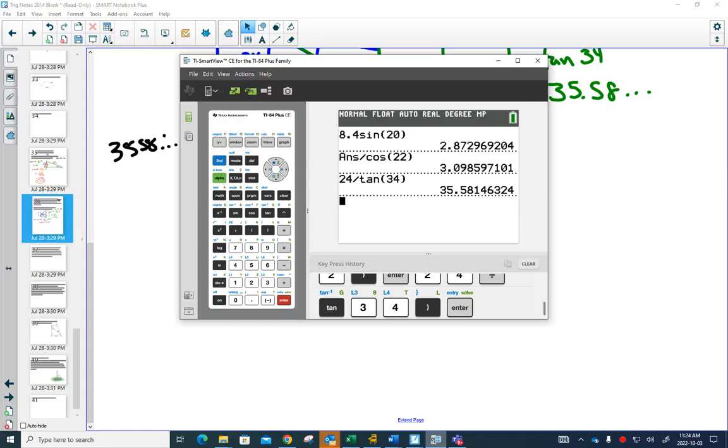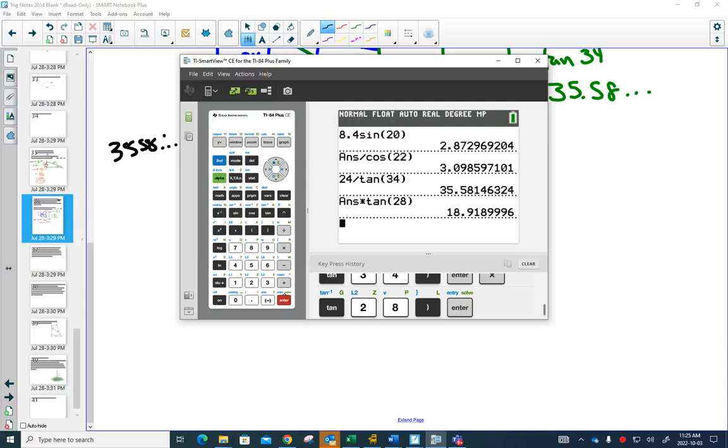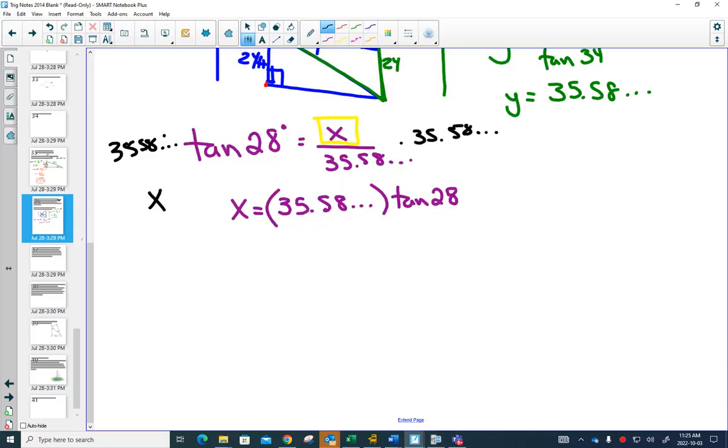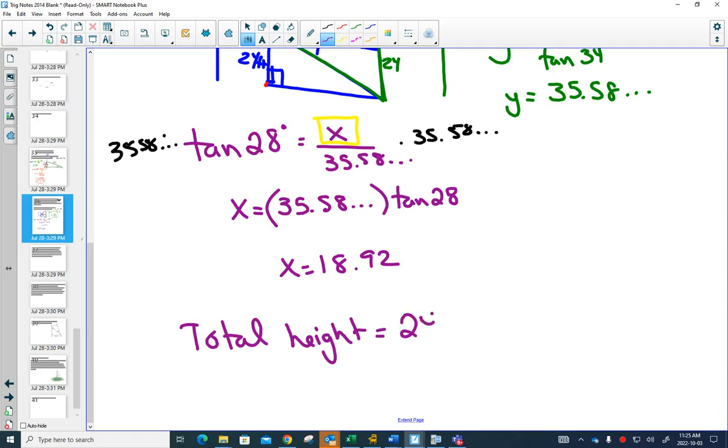So my calculator already had the 35.58. I can just multiply that answer by tan of, oh, I forgot the angle, 28. And we push enter, and we get x equals 18.92. So the total height is going to be 24 plus that.